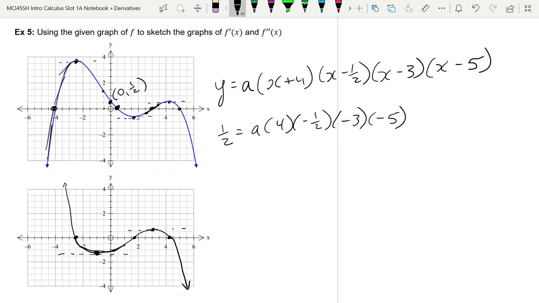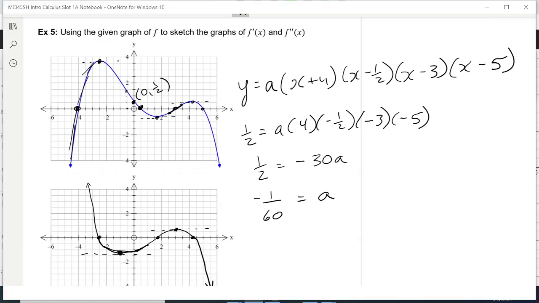So I came up with a quick calculation on that and found out that, what did I find out? That's going to be a negative. And 4 times a half is 2. 2 times 3 is 6. 6 times 5 is 30. Divide both sides of the equation by -30. And there we go. That's my a value. So this a value is -1/60.